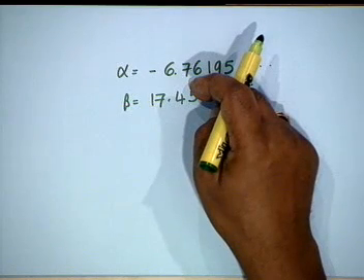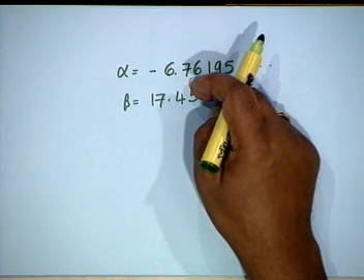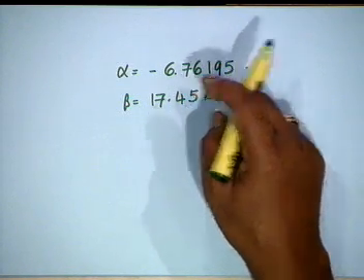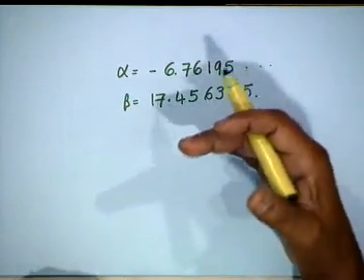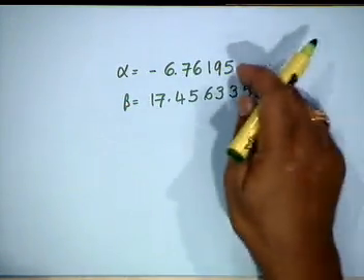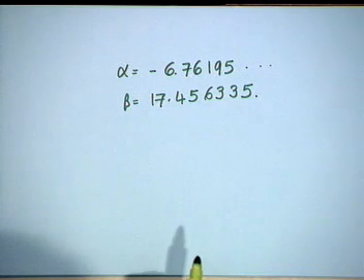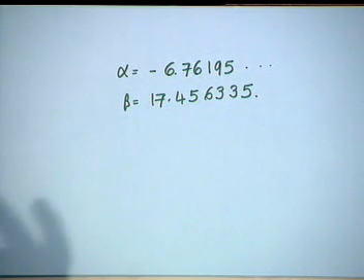For example, if it is an 8-bit number, you should not truncate after the first decimal. On the other hand, if it is a floating point representation, then you can use more decimals. So, it is decided by the amount of money that we wish to spend, the amount of investment.